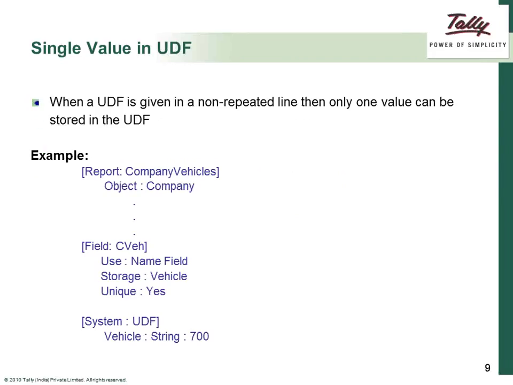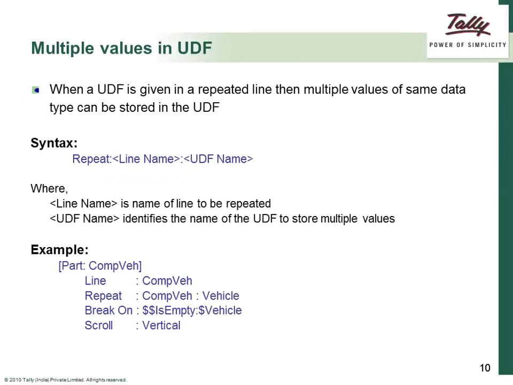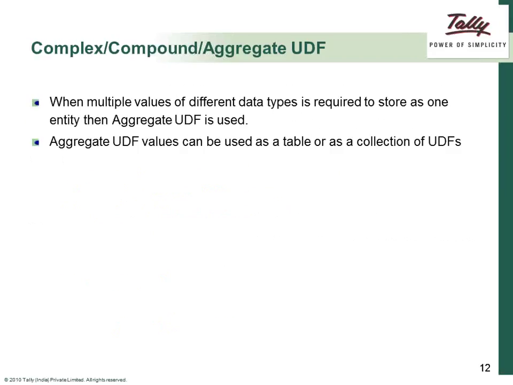Then we have something called compound. It is an aggregate UDF value which can hold multiple values of different data types. We just spoke about multiple values of a single data type.